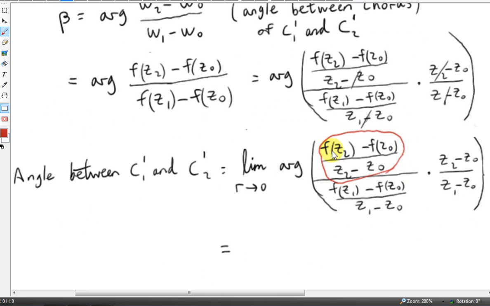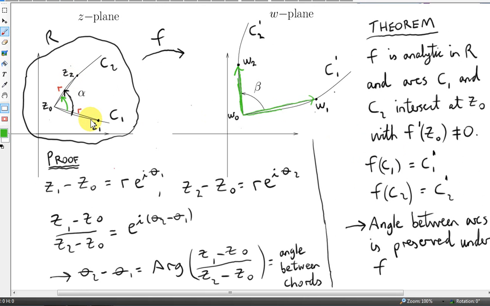Now this is just the definition of the derivative of f with respect to z at Z0. So we're calculating the function at Z2 and Z0. We're getting the difference in the function between those values, and we're dividing that by the difference in the value Z2 minus Z0. So we're approaching a limit as r goes to 0. So that gives us the definition of the derivative of the function at Z0.